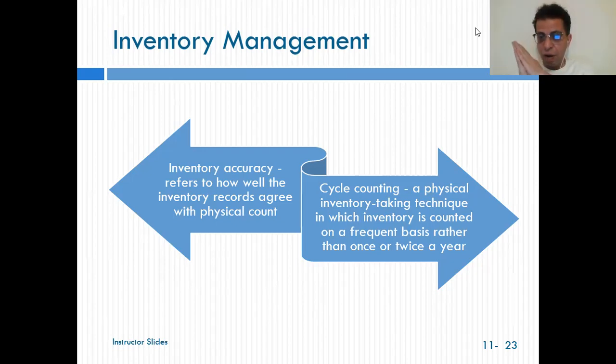And the second part is cycle counting, which is a physical inventory taking technique in which inventory is counted on a frequent basis rather than once or twice a year. So these are two things: first we have accuracy in the warehouse, and then the right calculation is done of how much we need to consume each month or each time period. And this is the end of it.